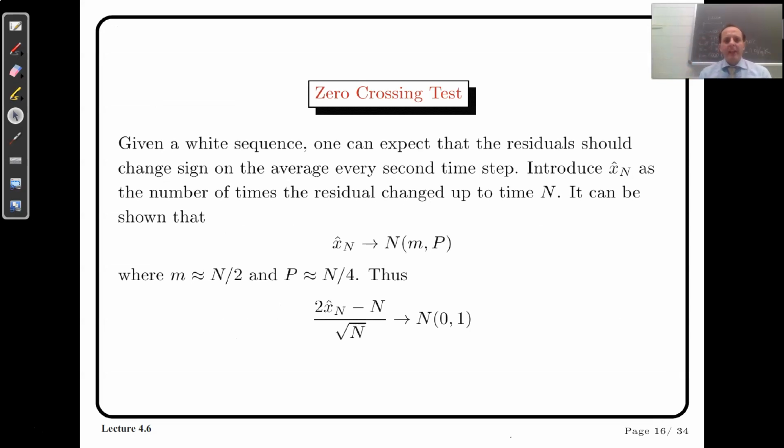Another way of testing whether your residual is white is to perform a zero crossing test. When you have a white sequence, as the residual should be, you can expect that the residual changes sign on average every second sample, so the number of times going to the negative and to the positive value is equal.